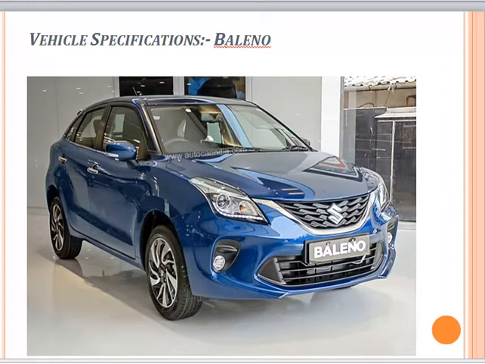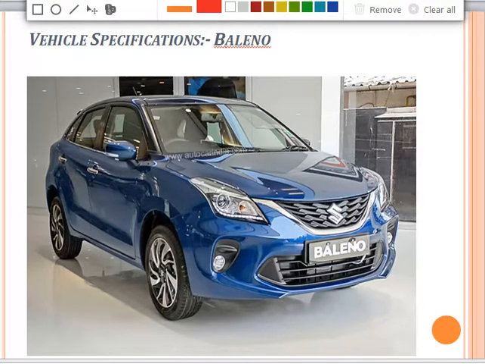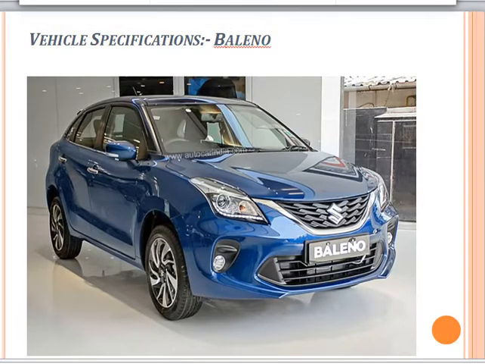Now here you can see this vehicle, as it is a popular car, that is Baleno, made by Maruti Suzuki. Now what is the class of this vehicle? This vehicle is a hatchback car.